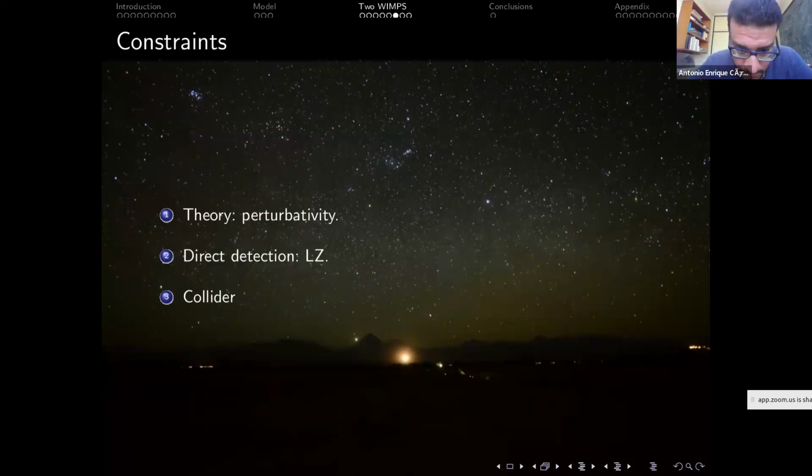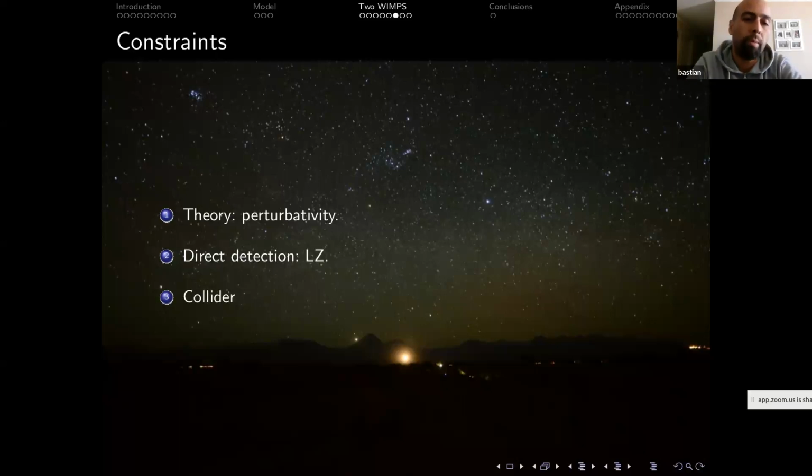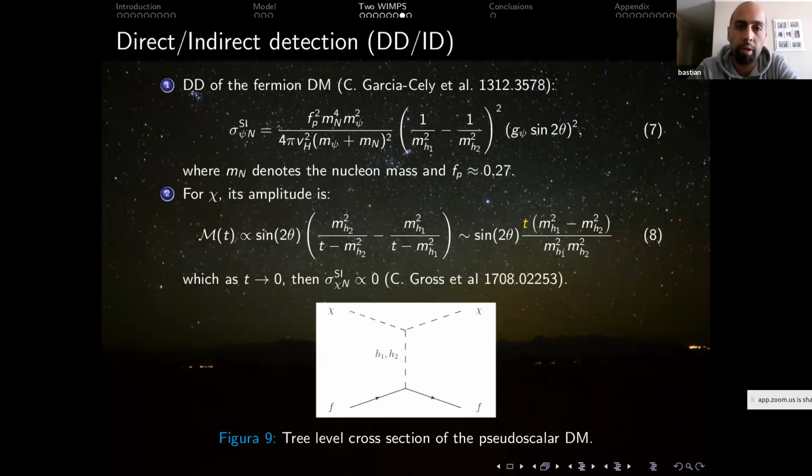So the constraints are mainly three: the perturbativity, direct detection, and the searches for a second Higgs from colliders. But I'm just going to tell you a little bit about direct detection and then the final result to conclude, because I'm running out of time.